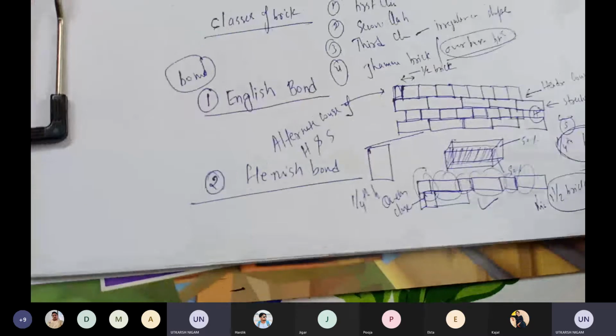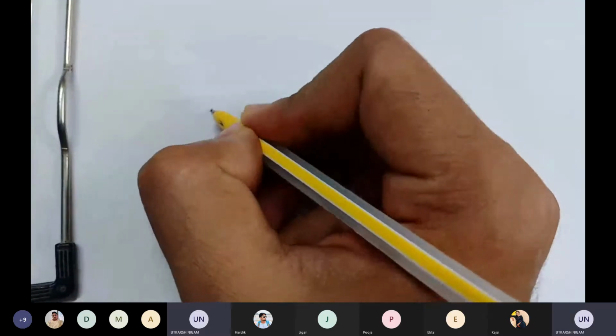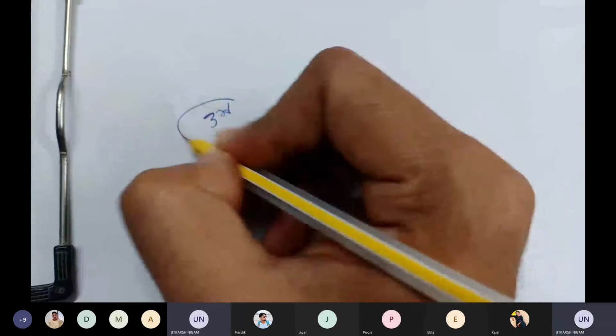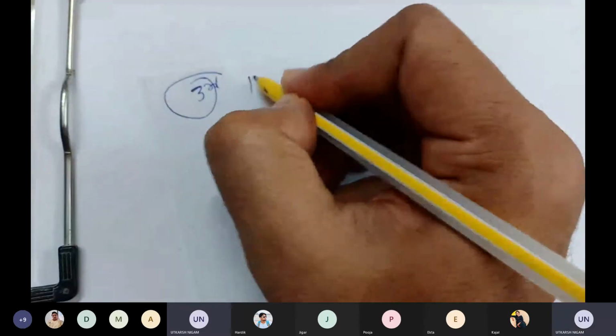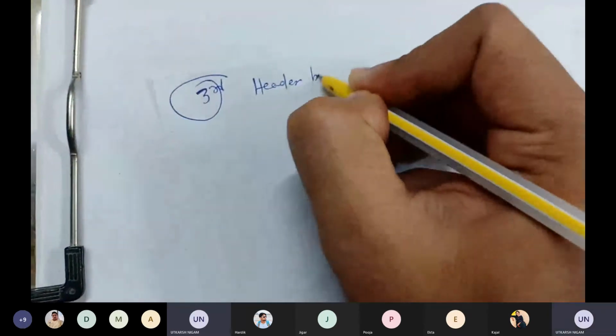The difference between these two bonds is very much important. Then comes the stretcher bond and header bond. The third classification, after English and Flemish, is the header bond.